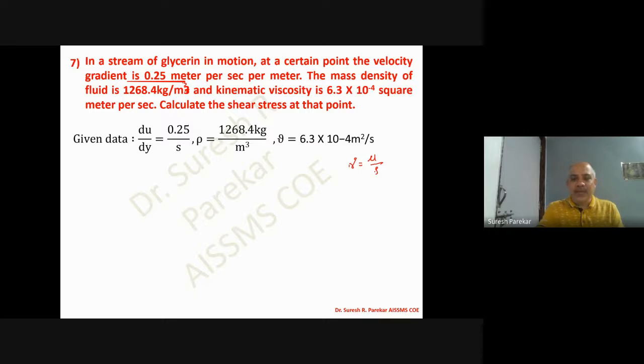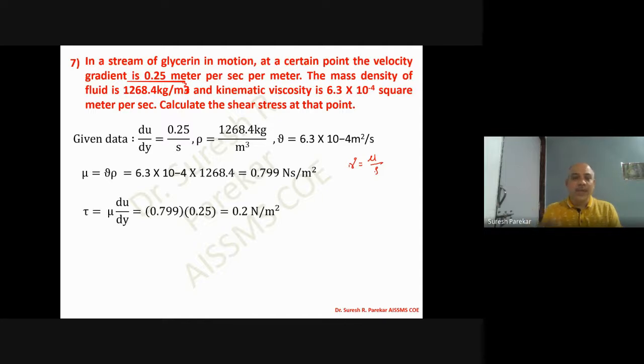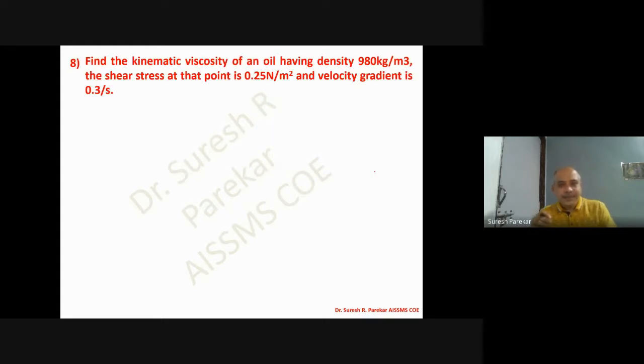From this we will get the value of mu, which is 0.799 Newton second per meter square. Now knowing this value, we are in a position to calculate tau, which is equal to mu du upon dy. Just substitute the values of mu and du upon dy. You will get the value of tau, that is 0.2 Newton per meter square or 0.2 Pascal.